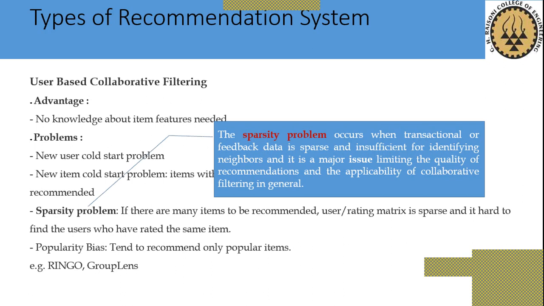What is sparsity? The sparsity problem occurs when transactional or feedback data is sparse and insufficient for identifying the neighbors, and it is a major issue limiting the quality of recommendation and the applicability of collaborative filtering.